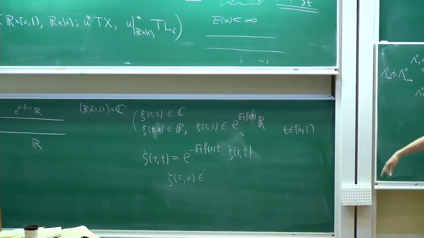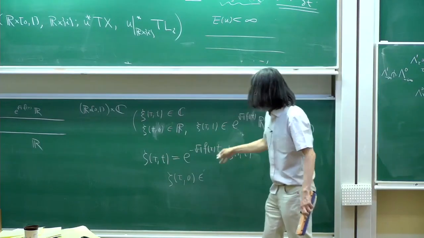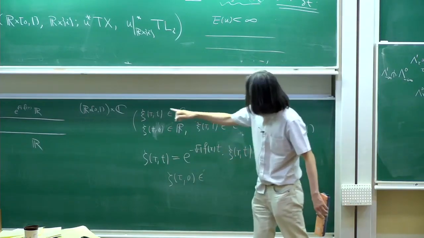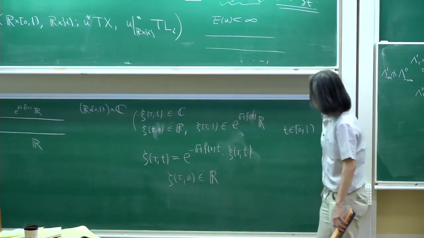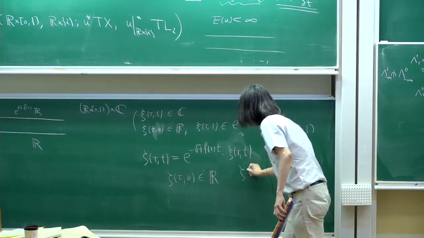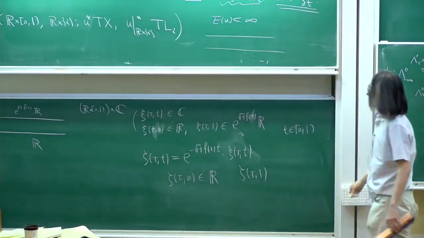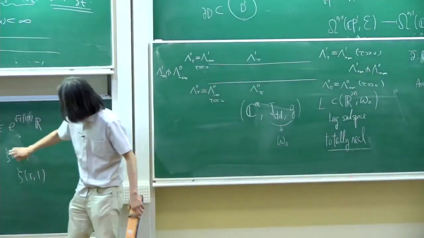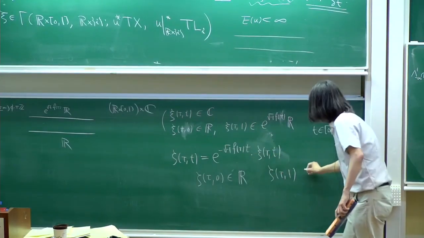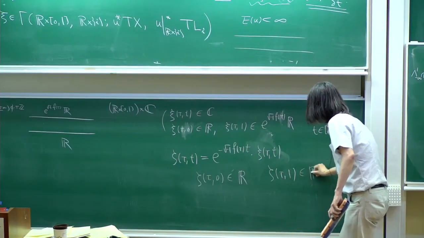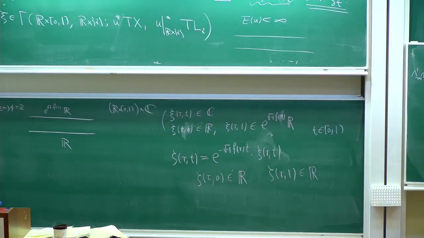So t equal to 0, and then this one is just 1. So this is psi of tau 0, but psi of tau 0 is real, right? Like this. And then how about this theta tau 1? In this case, I just multiply 1 here, so therefore they cancel out. So this one is also staying inside of this thing, right?